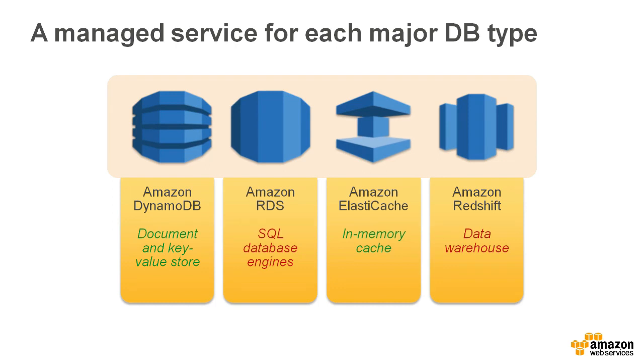RDS offers SQL database engines such as MySQL, Postgres, Oracle, and various other relational databases. ElastiCache is similar to the cache memory of your desktop. It is a strong memory cache for certain scenarios like game development. And Redshift is a data warehouse service. So keep learning, keep moving ahead. We will learn each of them in the coming videos.